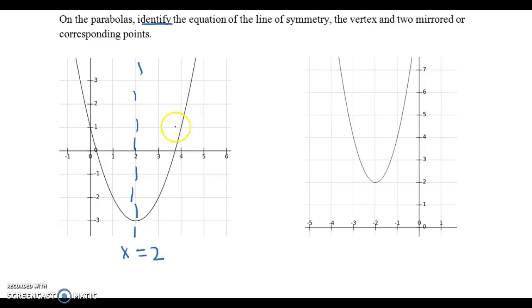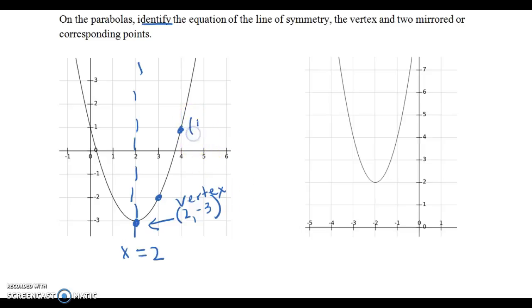Our vertex is always on the line of symmetry. The vertex is the point 2, -3. So that's our vertex. And then some other points on the parabola. We have one that's here. We have another nice point that's right here. And there are plenty of other points, but those are the really nice ones that we can find the ordered pairs easily of.